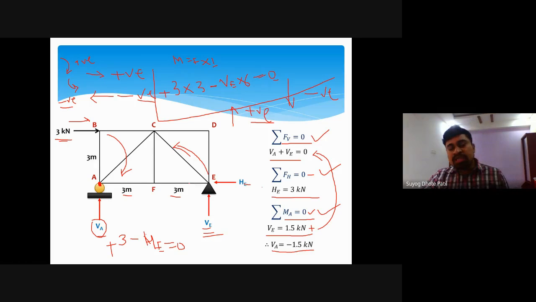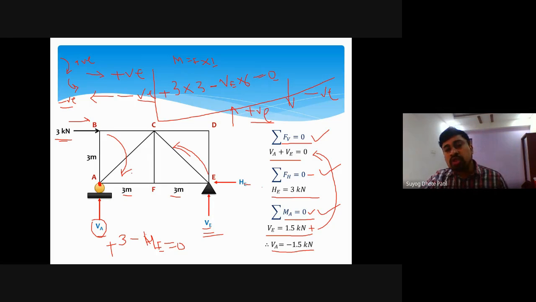Now, second step, if we are thinking regarding the joints. We have to analyze this given truss with the help of a number of joints. But from which joint can we start? Joint A, joint E, joint D, or joint B, or the remaining two joints?